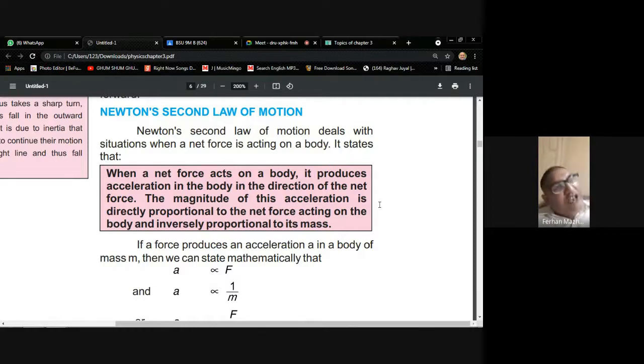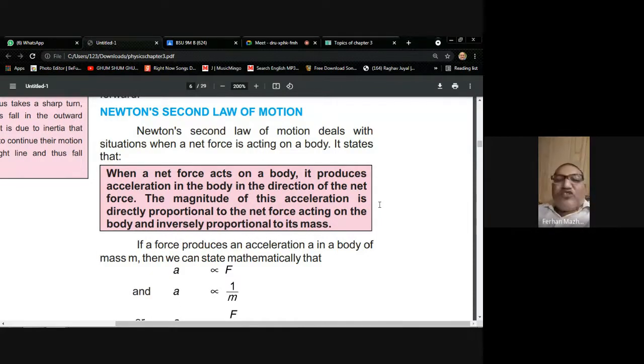You see, the statement of Newton's second law of motion is very simple: the acceleration which is produced in a body is directly proportional to the net force. The magnitude of the acceleration produced in a body is directly proportional to the net force. It means if the net force is larger, the acceleration produced will also be larger.